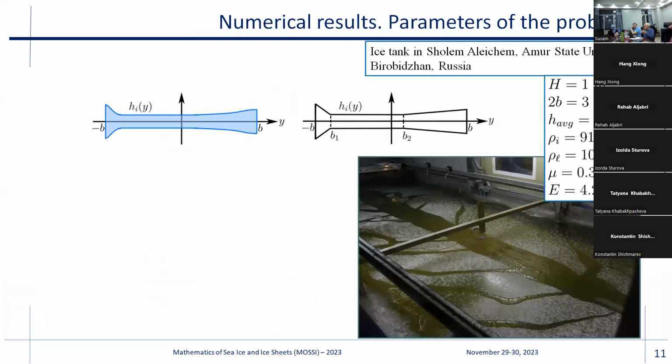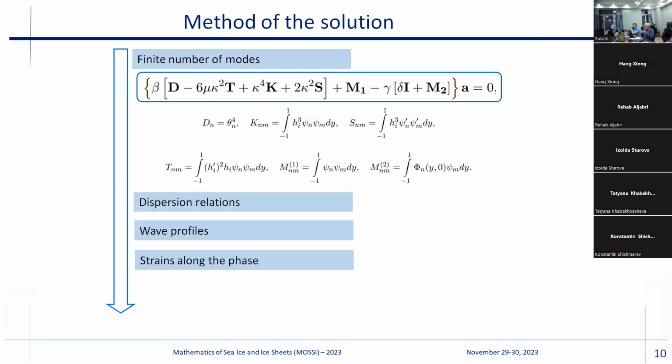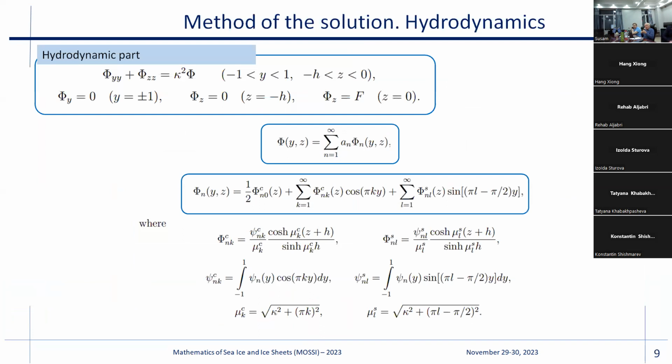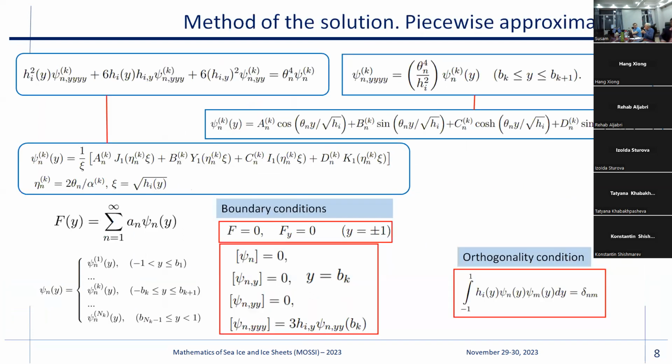Ice deflection, slopes, bending moments and shear forces should be continuous through the width of the channel. So I understand it's physically not correct to use piecewise constant thickness, because the condition at the boundary cannot be provided physically.